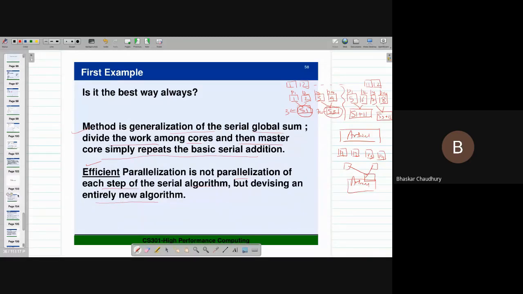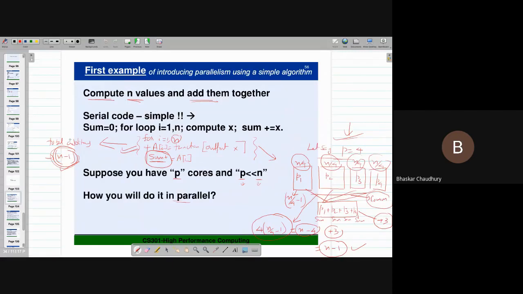In this design, in the very beginning, you give n by 4 numbers to each processor, and they do not communicate with anyone. They first complete their task, so basically they do n by 4 minus 1 operations. Then they calculate the partial sum. And finally, when all of them have calculated their partial sums, they do one communication with each other.